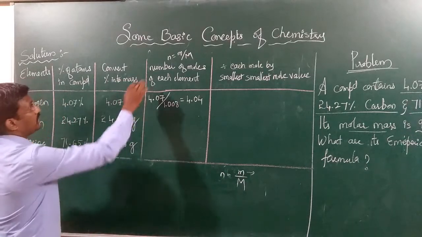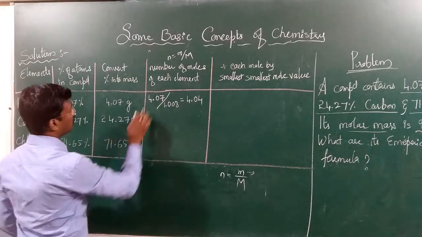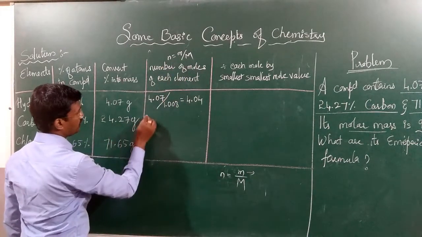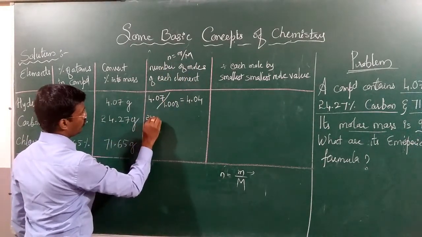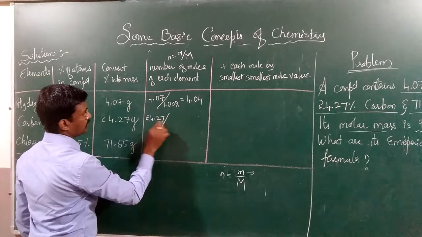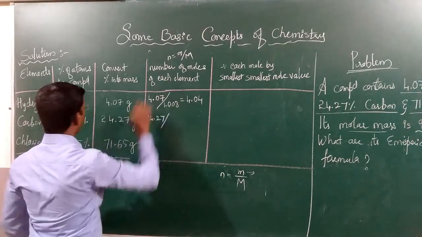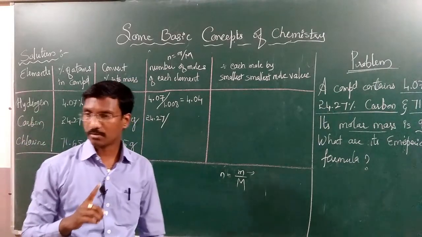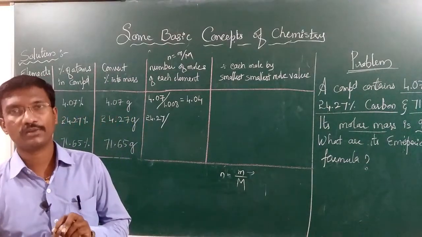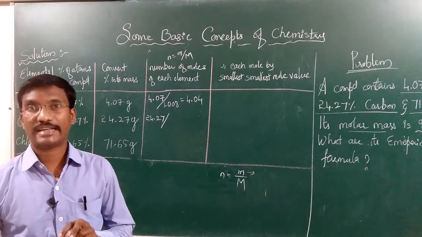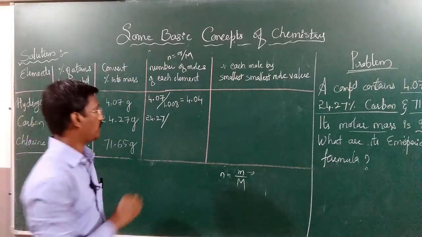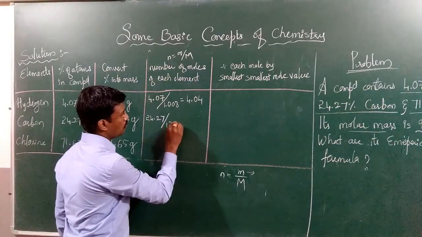Similarly, number of moles of carbon. n is equal to m upon capital M. Small m is given mass, that is 24.27 gram divided by the mass of one carbon, which is 12. We are familiar with that 12 gram, but exactly the mass of carbon is 12.01.